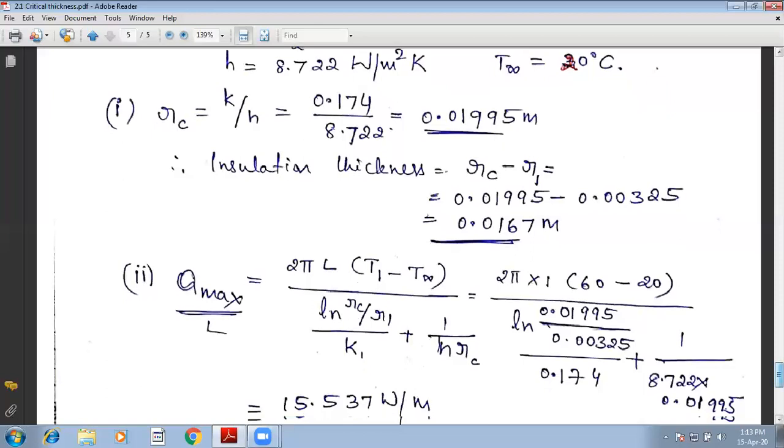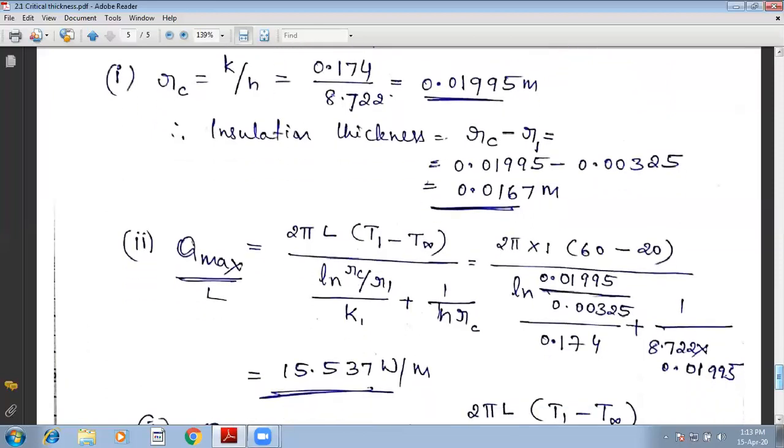So if you substitute the values, you will be getting 15.53 watt per meter. That is heat transfer per unit length. Watt per meter is the unit. It is also given 60, given 20 is given. So this is RC value calculated, divided by K1 value, plus 1 over H is given, RC you have calculated.